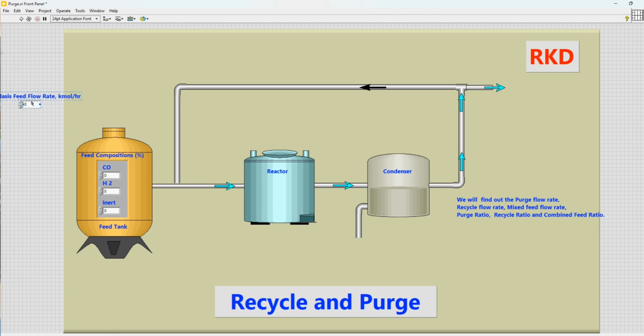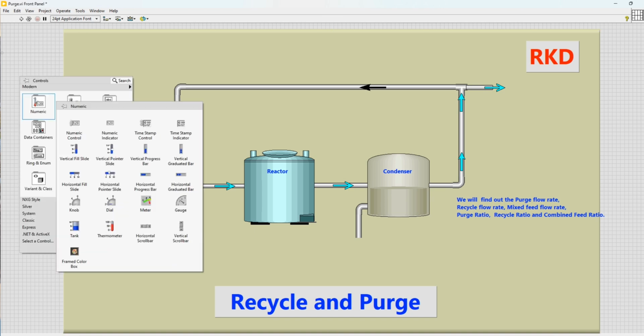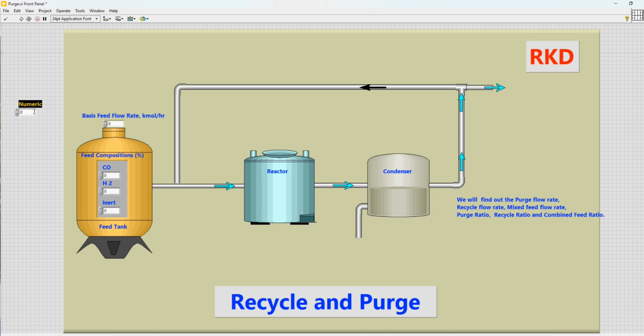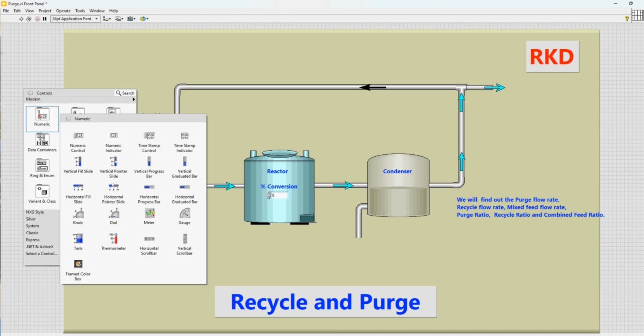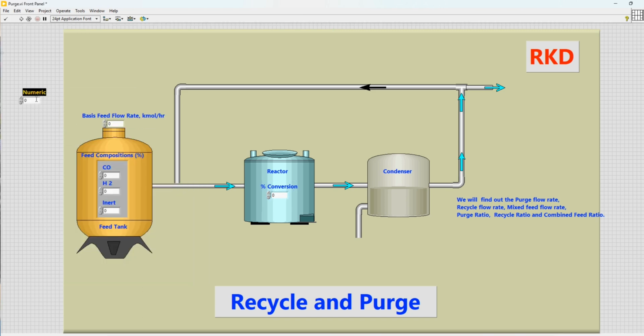Now we need the percentage conversion that is going on. That percentage conversion should be inside the reactor, so I'll just keep it here. Next, how much percentage in mixed feed.